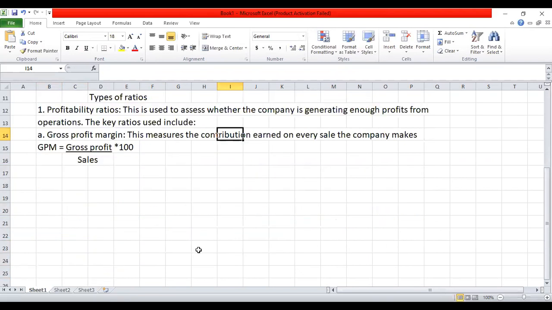So that's how we get the gross profit margin. Then number two, we have the net profit margin. The net profit margin measures the net profit earned on sales. So what you are interested to look at is, after paying the expenses, how much profit do you earn on sales after the company has paid all its expenses?